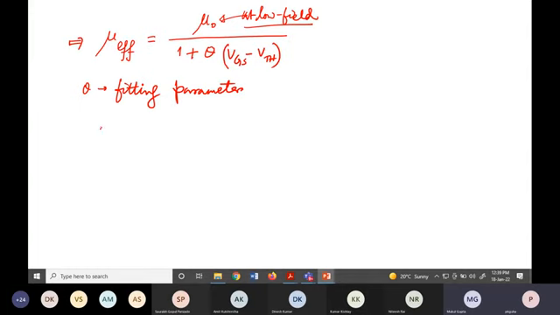So this mobility degradation, theta is known as a fitting parameter, and roughly it is equal to 10 to the power 7 over Tox. The unit of theta is volt inverse, because VGS minus VTH is in volts, so they cancel out, and mu effective has the unit of mu naught.